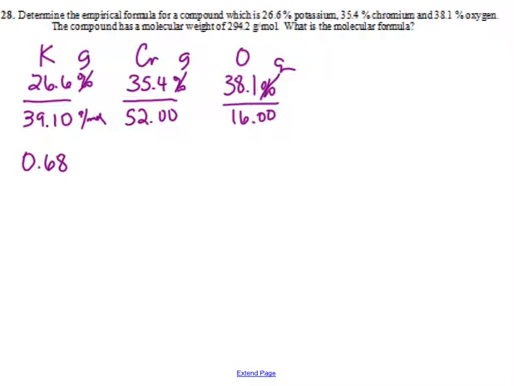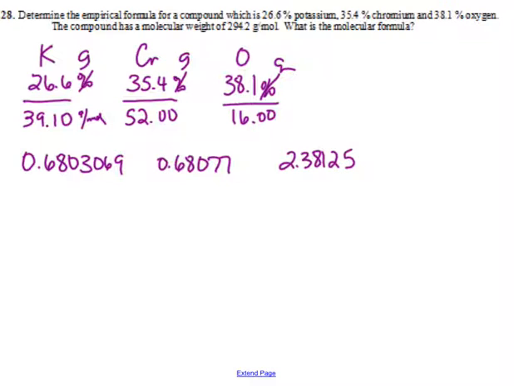Whoa, 0.68. All right. Chromium. Oxygen. Okay, so now we have all our moles.